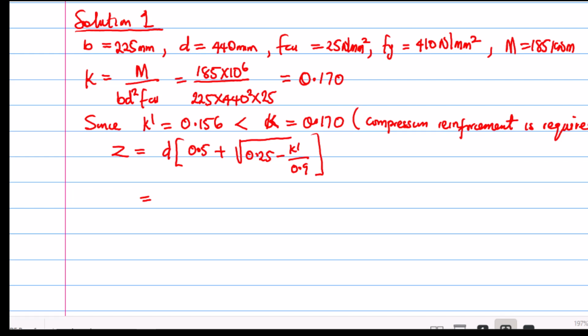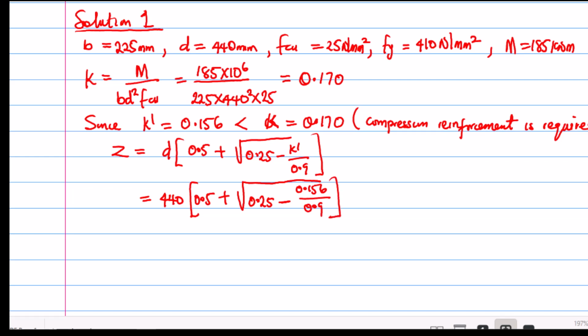Substituting this will give me 440 into 0.5 plus square root of 0.25 minus, remember our K prime is 0.156 over 0.9.